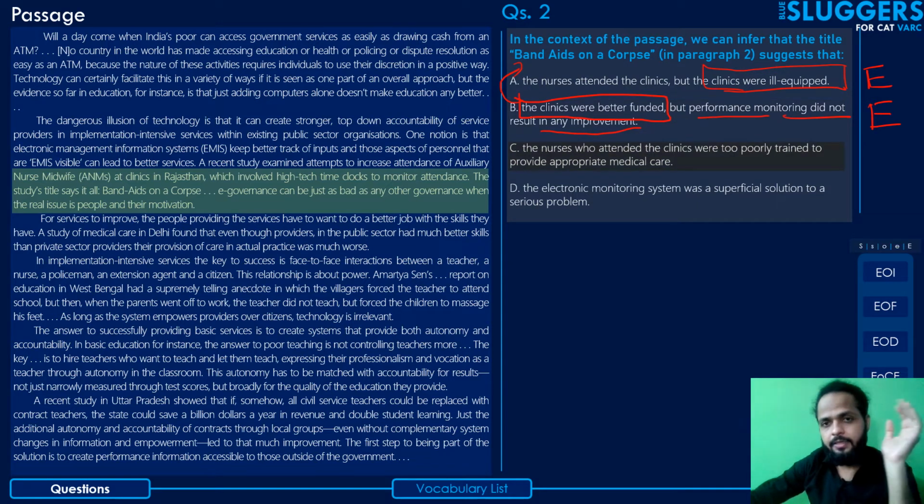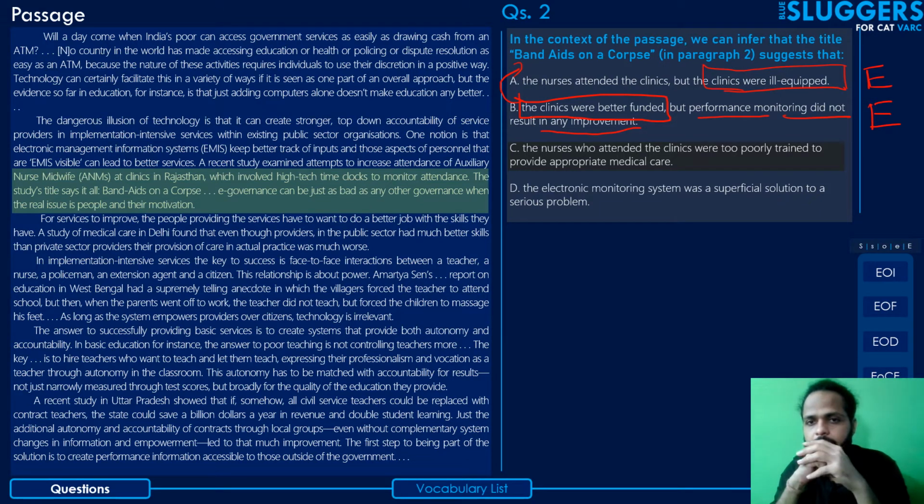Coming to option number 3, the nurses who attended the clinics were too poorly trained to provide appropriate medical care. Now, as much as this comes quite close, this is still not exactly what we are looking for in an answer. See, guys, the author's contention was that the main problem is not skill or training.